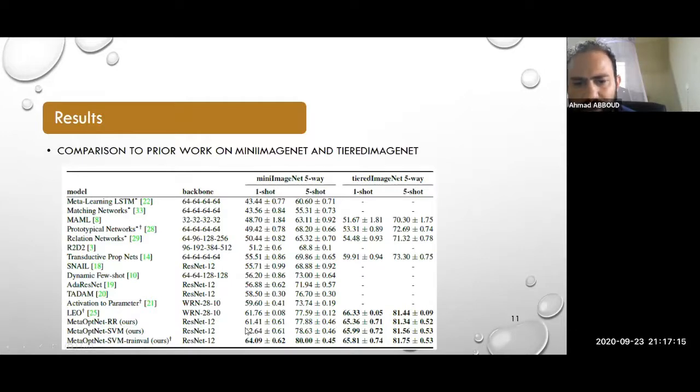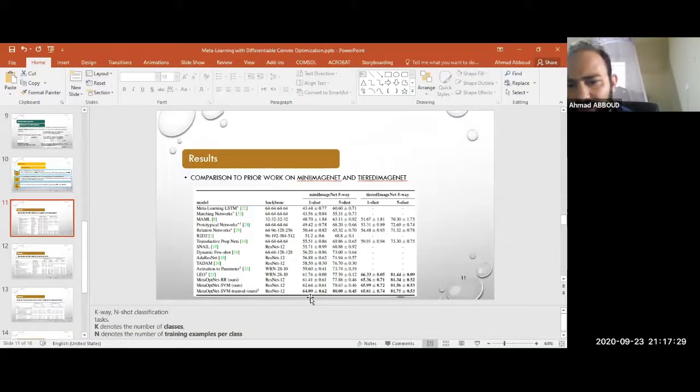Of course, you can see that they do better on tieredImageNet, and here they reach almost 46% on the first shot. Only one shot, they reach 46 accuracy, plus or minus 0.62.